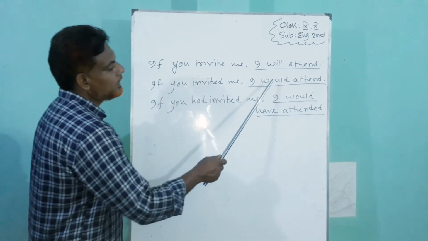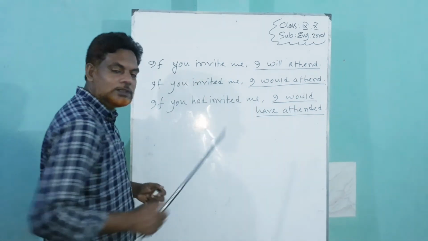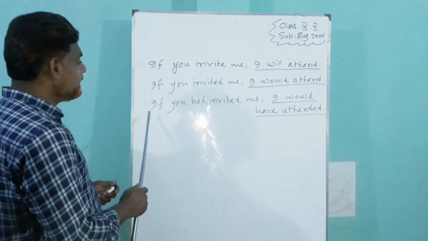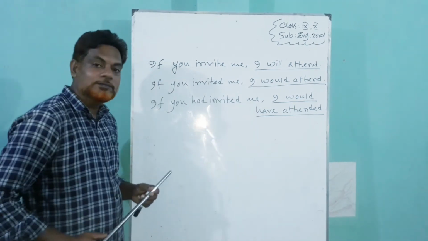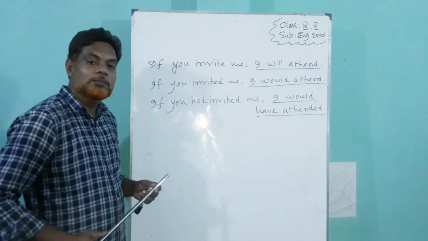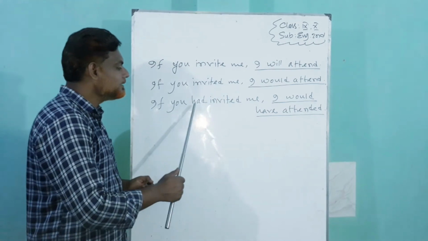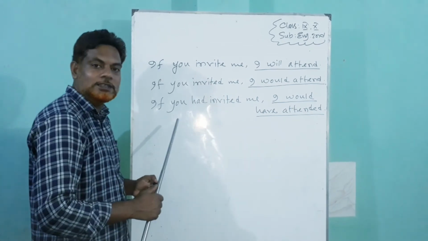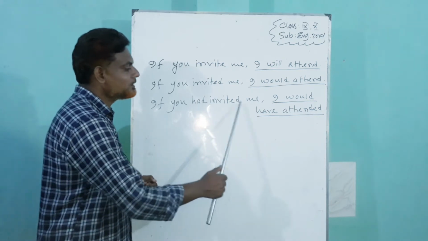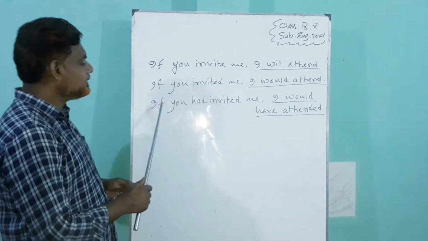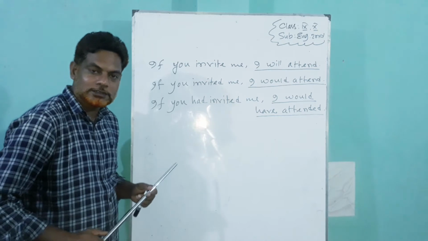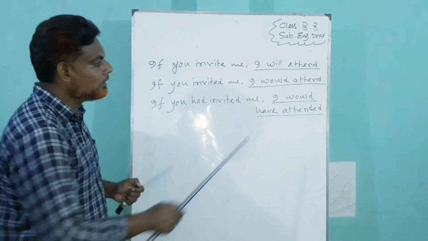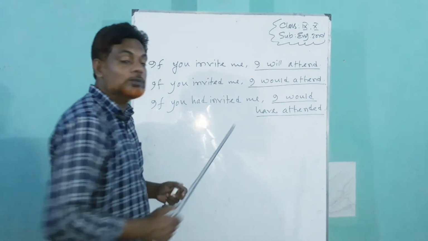That's why we have to write would or could in the principal clause. Then if you had invited me, this one is third condition because there is past perfect in this clause. And for the third condition we have to use would have or could have.